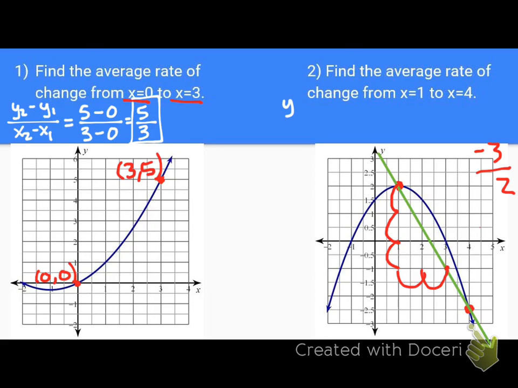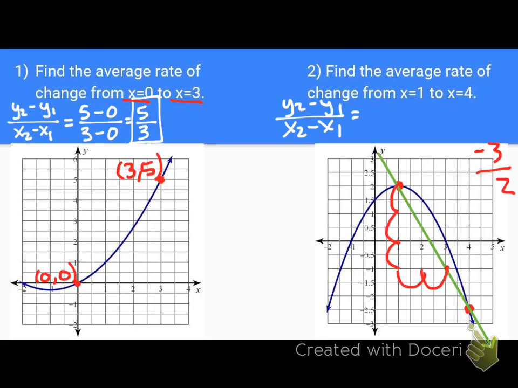I could also use the formula, y2 minus y1 over x2 minus x1, and plug in the points that it was asking for that are on the parabola, or on the quadratic. At x equals 1, I have y equal to 2, so that's my x1 and y1.